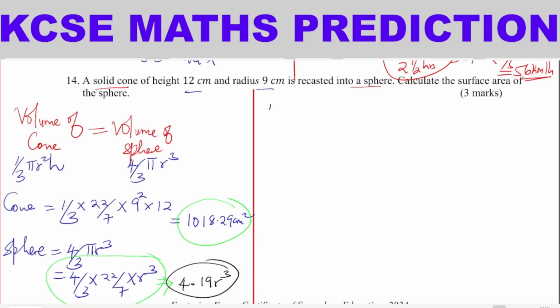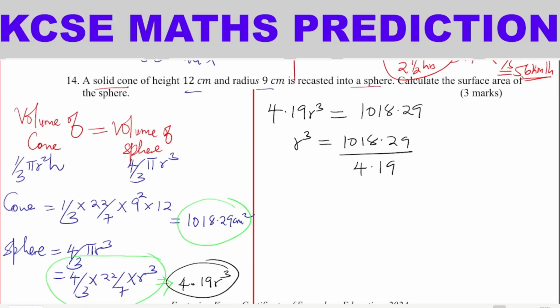Volume of the sphere, which is 4.19 r cubed, is equal to the volume of the cone, 1018.29. So you want to get the radius, because it is unknown. So radius cubed is equal to 1018.29 divided by 4.19.